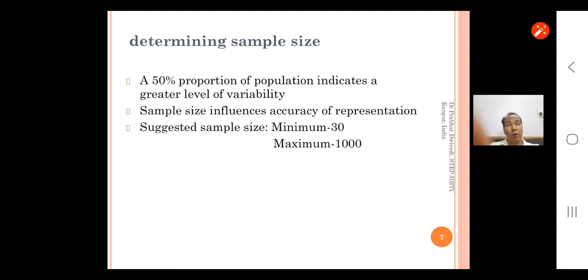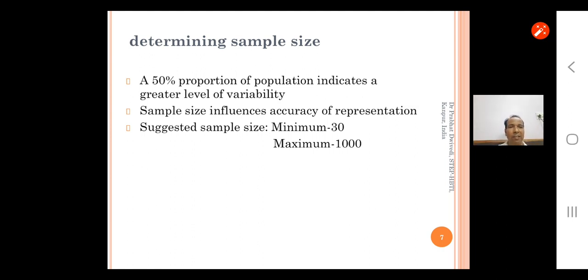That is, you have covered almost 100% level of variability and you need not worry that your sample size is small if you have covered 50% proportion of the population in your sample. And sample size, as I have already told you, influences accuracy of representation.